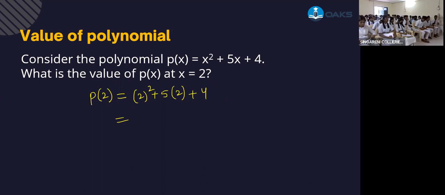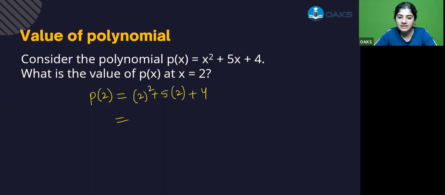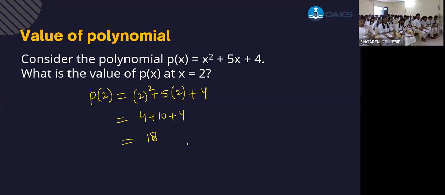Okay. He always has very good energy, it comes to me out of the laptop. Okay. So 4 plus 10 plus 4, that is 18. Okay, everybody has the same answer? Okay, so we all have the same answer.